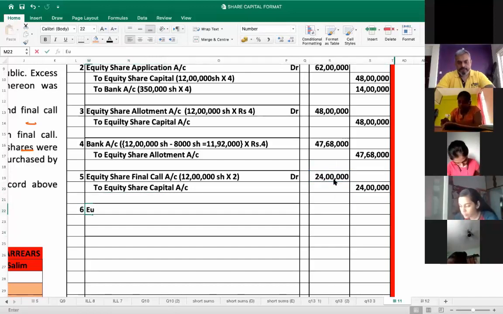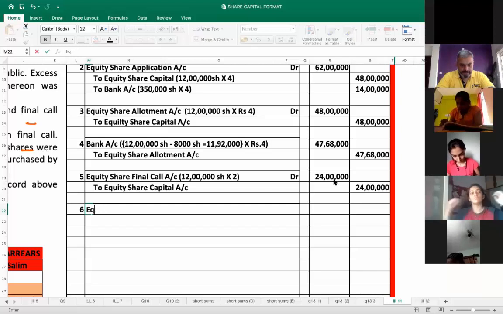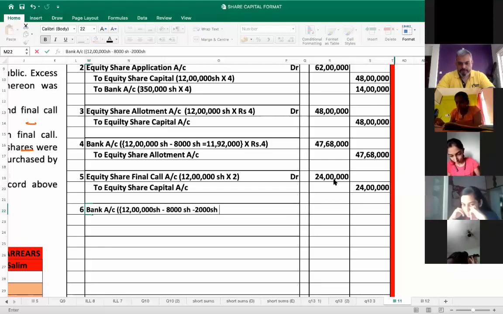Sixth, bank account debit. Now 12 lakh shares minus 8,000 shares of Harun minus 2,000 shares of Salim is equal to 11 lakh 90,000 shares, into 2.